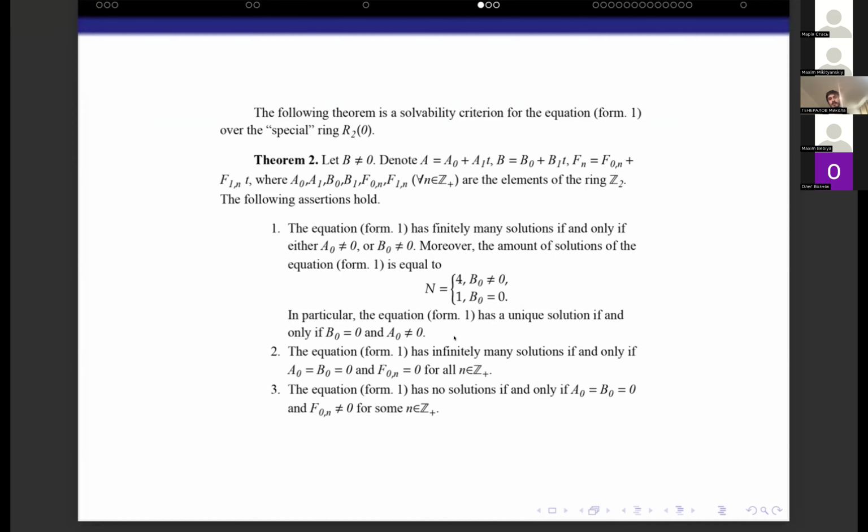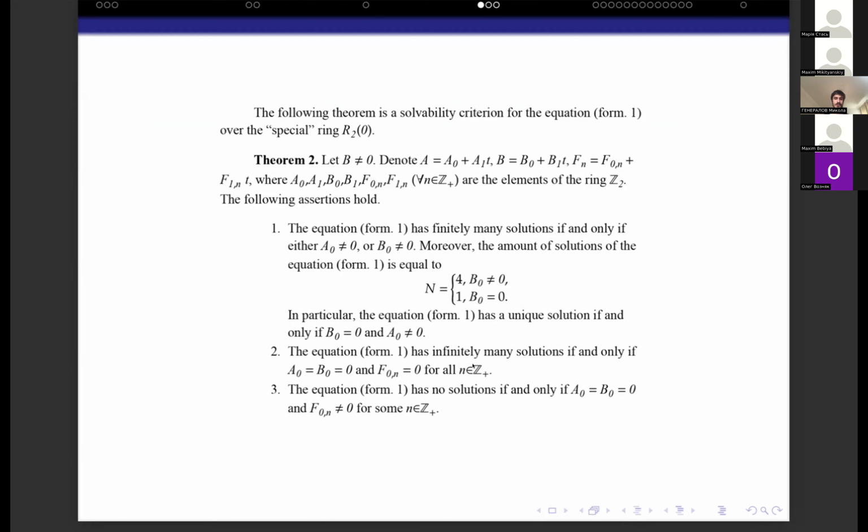In particular, equation 1 has a unique solution if and only if B0 is equal to 1 and A0 is not equal to 1. Secondly, equation 1 has infinitely many solutions if and only if A0 is equal to B0 and is equal to 0, and F sub 0n is equal to 0 for all n.